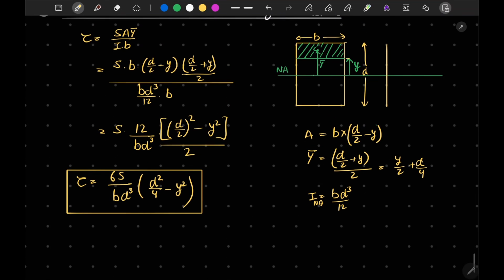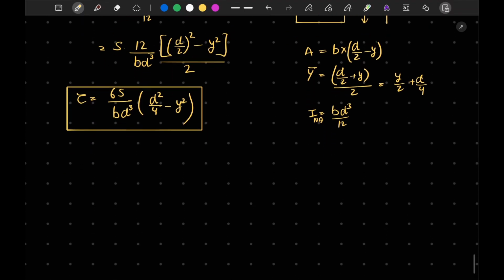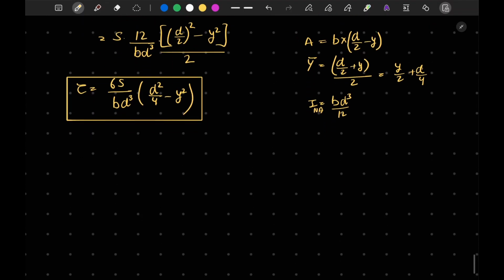Now from here we can see that the stress distribution is parabolic. But we have to calculate where the maximum value of the stress lies. So for tau max, we will differentiate tau with respect to y and set it equal to 0.